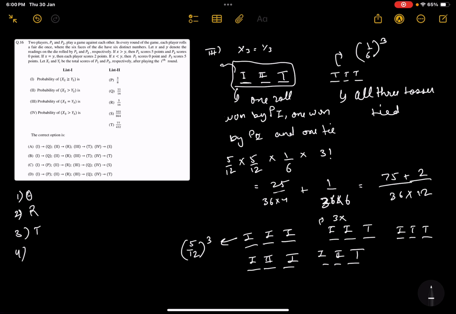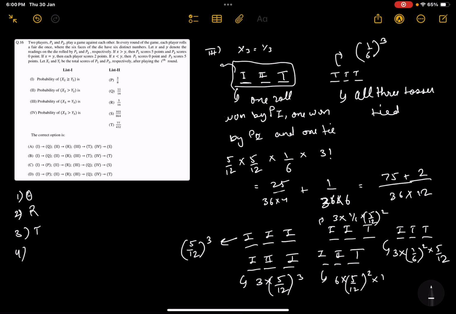This is 3 into 1 by 6 into 5 by 12 squared. This is 3 into 1 by 6 squared into 5 by 12. Now this last case won't be counted because in this X3 would be equal to Y3. We don't need that. We need X3 strictly greater than Y3.